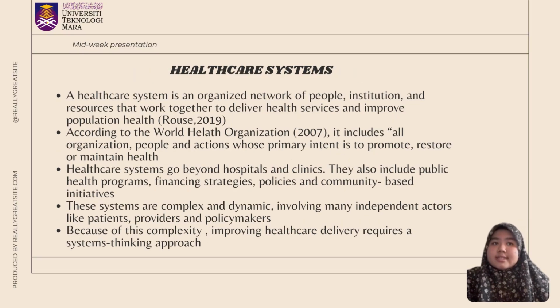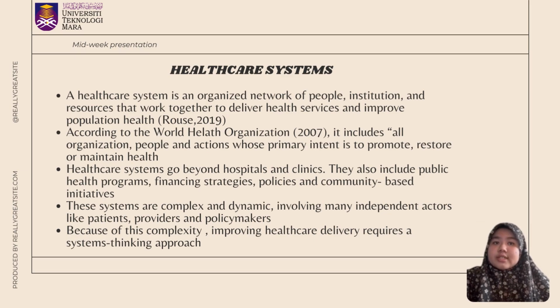Next is the healthcare system. According to Rules 2019, a healthcare system is an organized network of people, institutions, and resources that work together to deliver health services and improve population health.